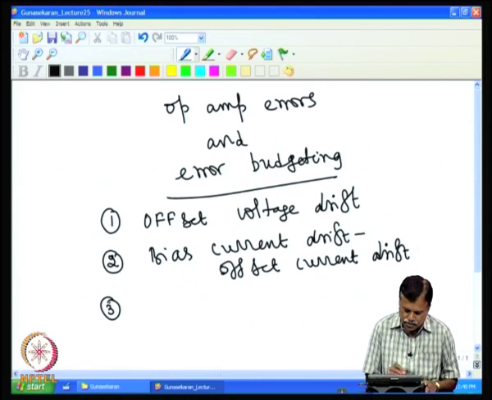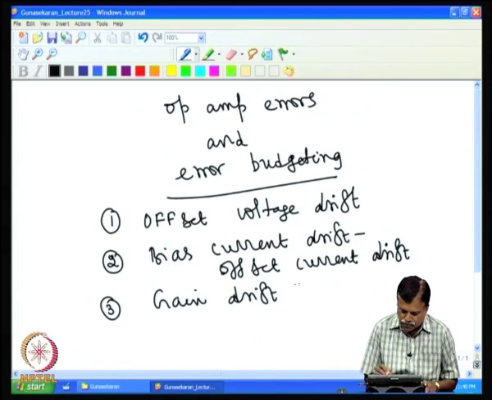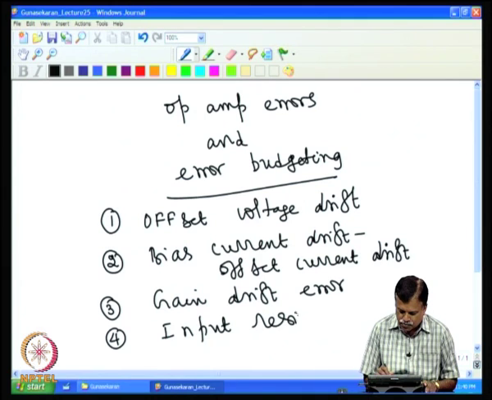Then we have gain drift error, which we have not discussed so far. Then input resistance error, the input resistance of the op amp that we should find out.